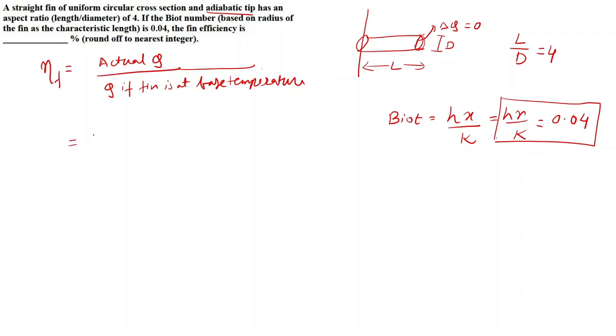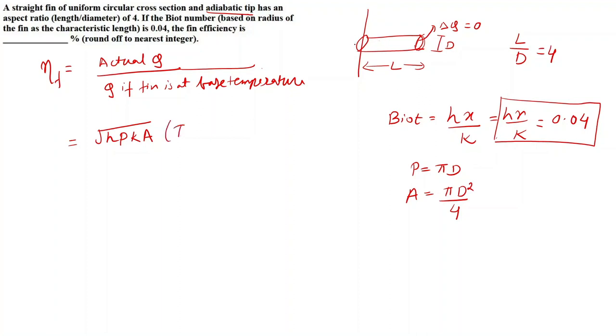That is given as under root of hPkA. h is my heat transfer coefficient, P is the perimeter, which in this case will be pi d, k is my thermal conductivity, and A is the cross section area, which will become pi d square by 4. So this is the first parameter.